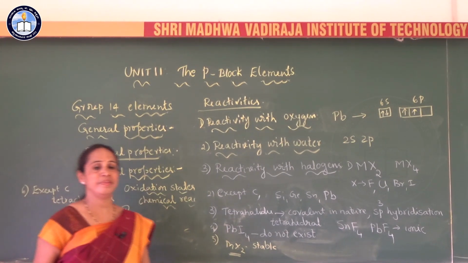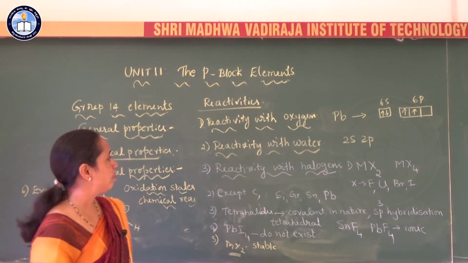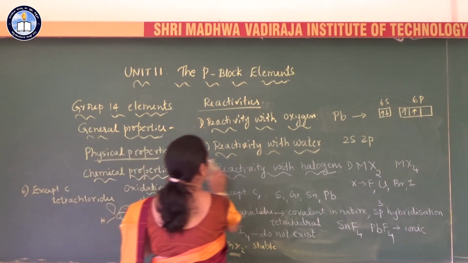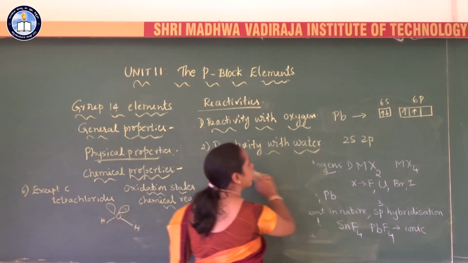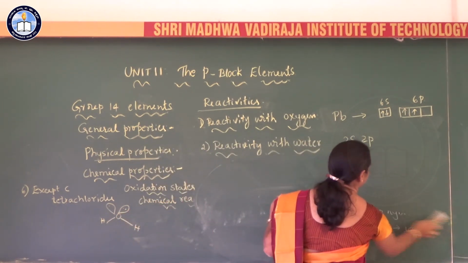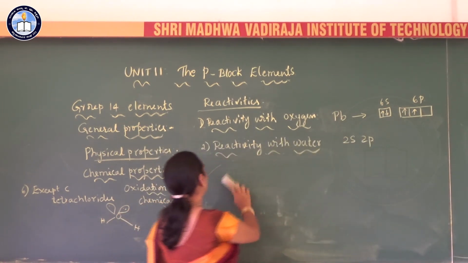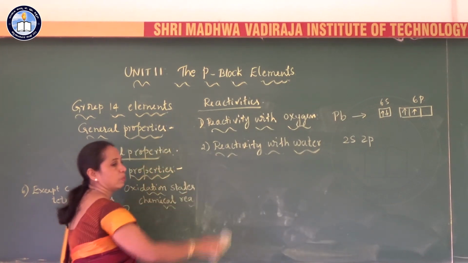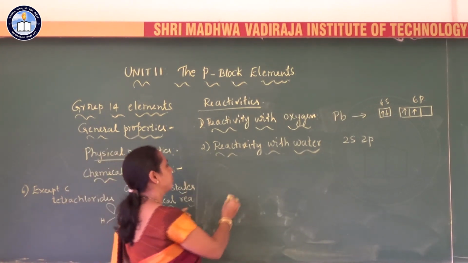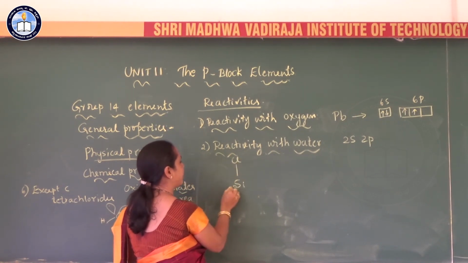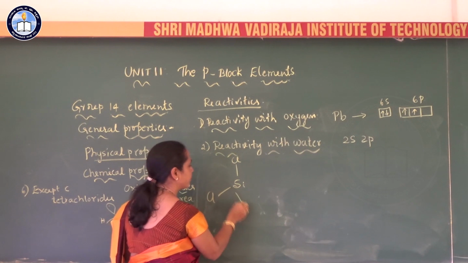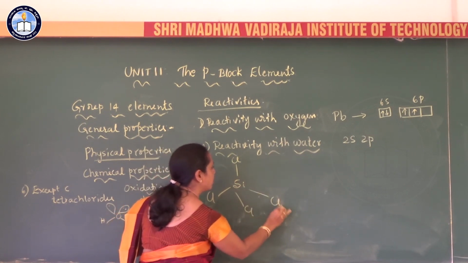Now the hydrolysis of tetrachlorides can be easily understood by taking the example of SiCl4. Silicon tetrachloride has tetrahedral shape, as we just saw.